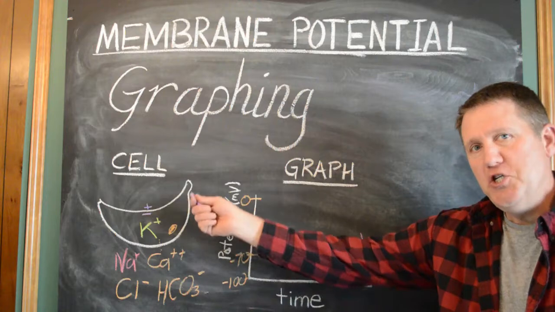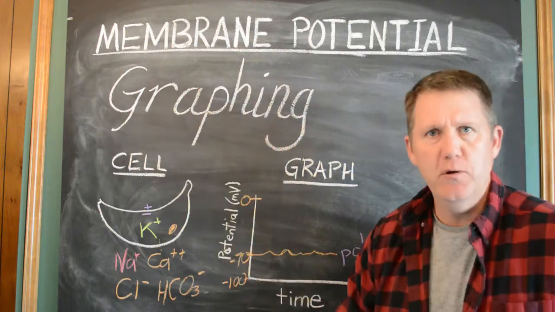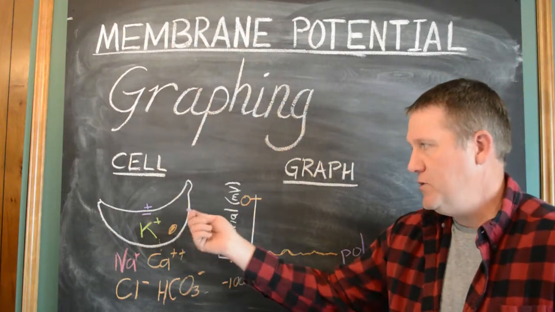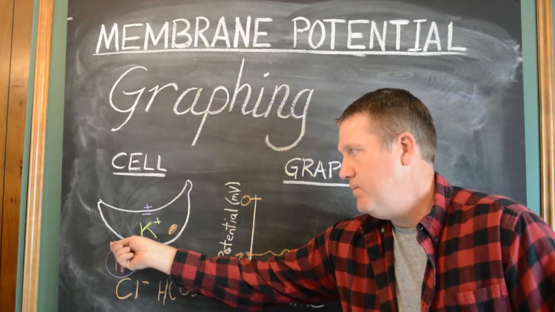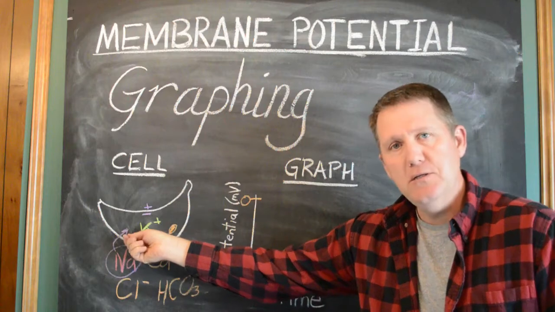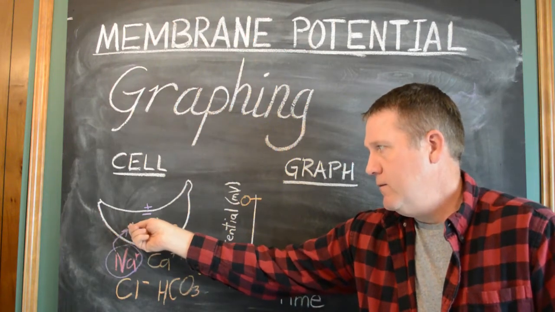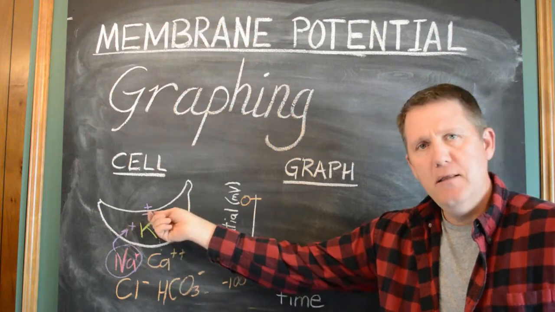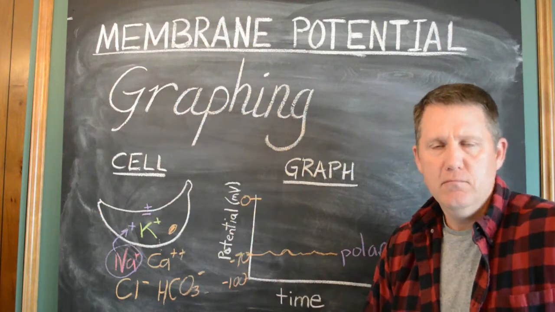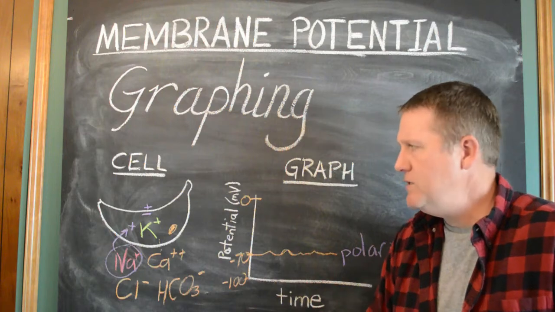Well, what if we started changing things? Because that's when all this would apply, right? If we started changing the situations in a cell. What if some of these positive ions came into the cell? Well, now we're bringing positive ions in. Would that make the inside of the cell more positive or negative? Obviously more positive. That's a pretty easy one.